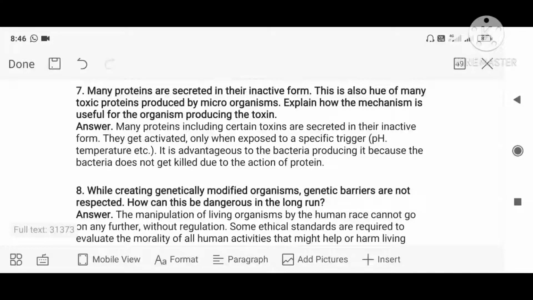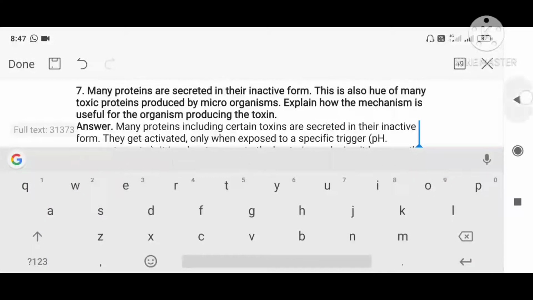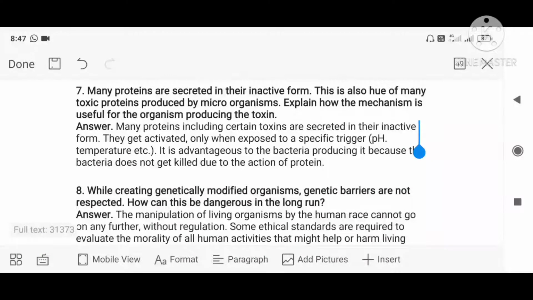So, the bacteria can survive the toxin, they do not have any problem, but it can be advantageous for us. How? This inactive toxin, when it moves into the gut, the intestine of the insects, gets converted into an active form. So, pH and temperature help in the conversion of the inactive toxin into the active toxin, and the insect is killed.